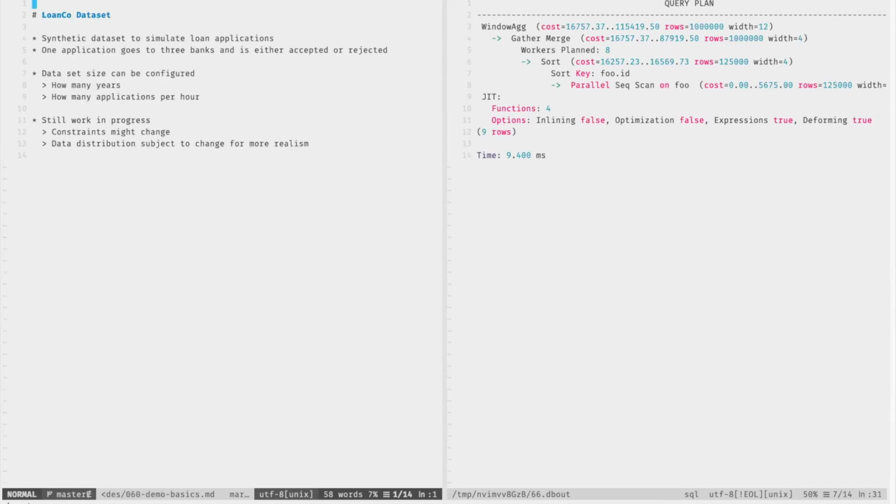And for that, I prepared a data set, which we are actively working on. This is actually influenced by a client of ours, where we unfortunately don't get hold of the data itself, which would be great because it's a great data set, but we start to synthesize it and simulate it. And this data set is targeting loan applications.